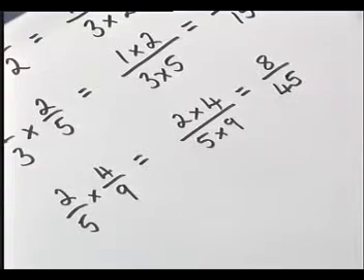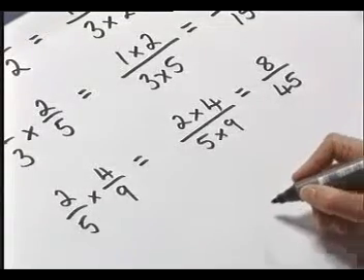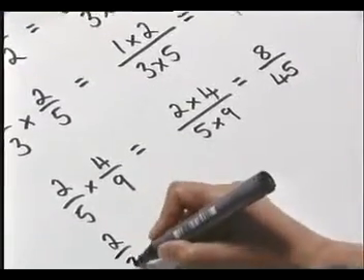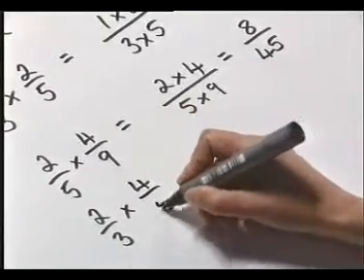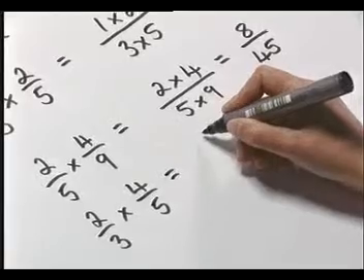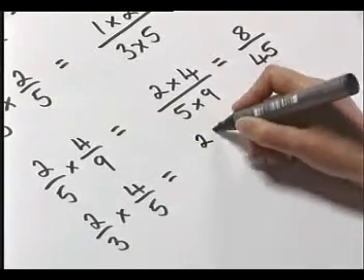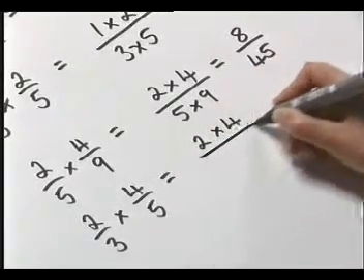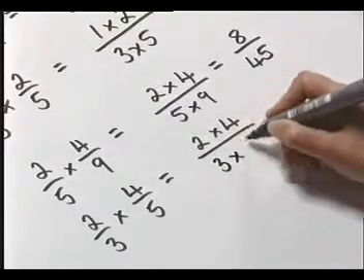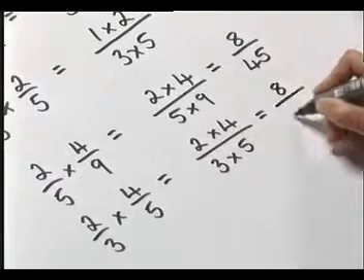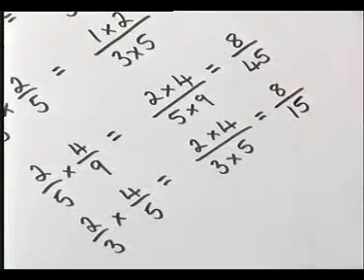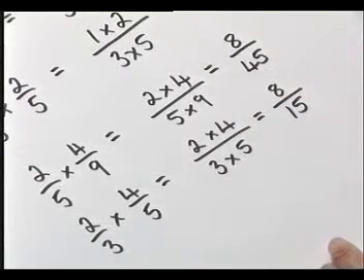So we have 8/45. And another one, 2/3 multiplied by 4/5. So we've got 2 times 4 divided by 3 times 5. 2 4s are 8, 3 5s are 15. So we have 8/15.